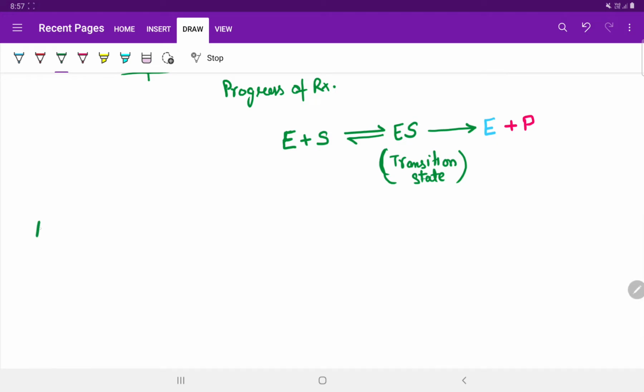The next concept that governs the mechanism of enzyme action is in terms of active site facilitating catalysis.